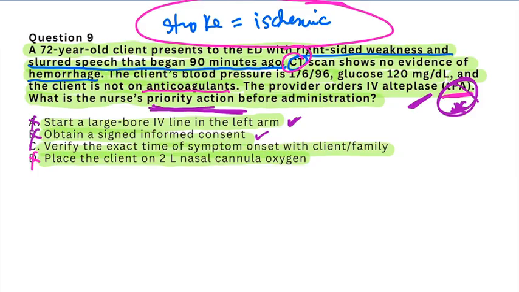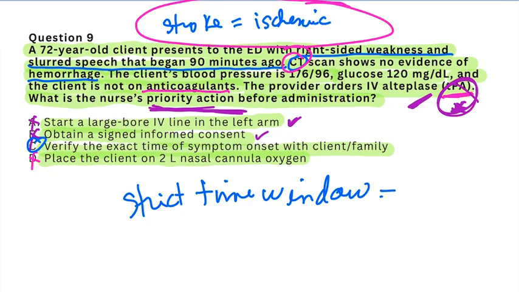So the correct answer is letter C. And the reason why letter C is the correct answer is because there is a time frame. There is a very strict time window when you start TPA. The literature is going to tell you it's 3 to 4.5 hours.